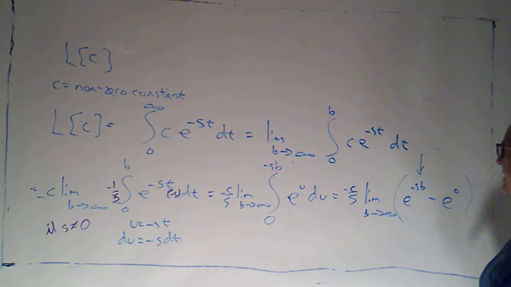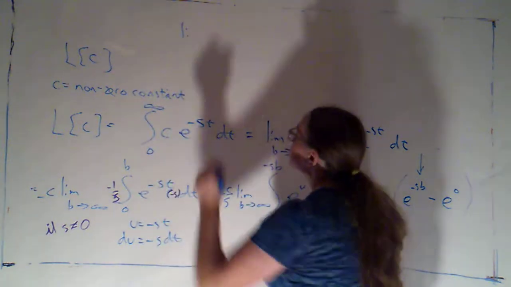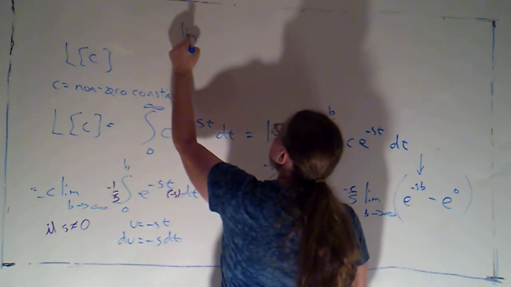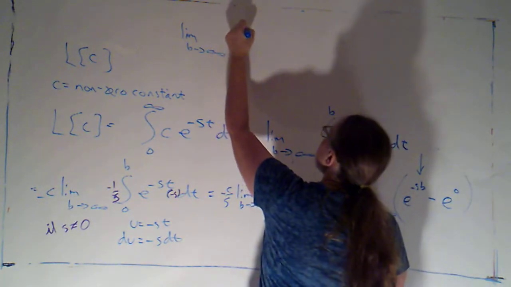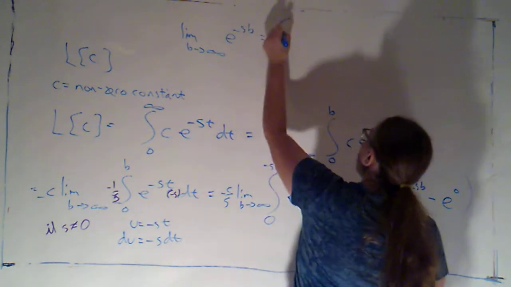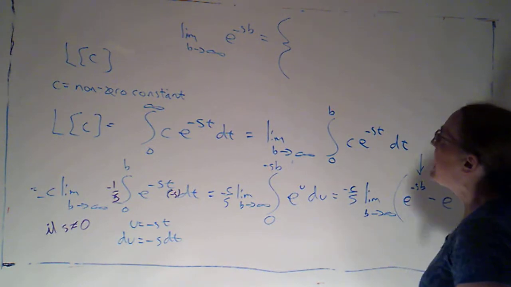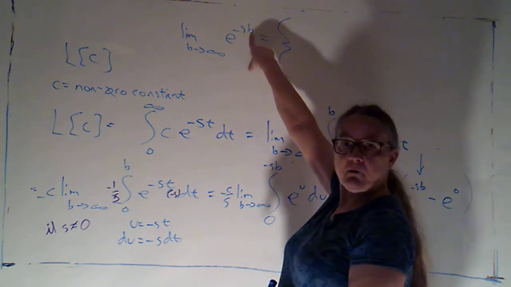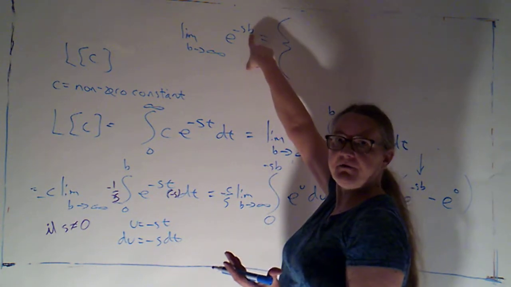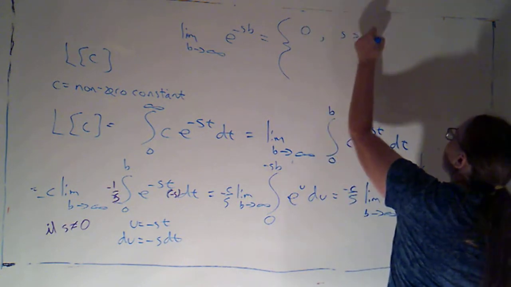So, if I take a look at that, the limit as b goes to infinity of e to the negative sb, there are two possibilities that I could get right here. If s is positive, this exponent will be going off to negative infinity, so this is going to be 0.